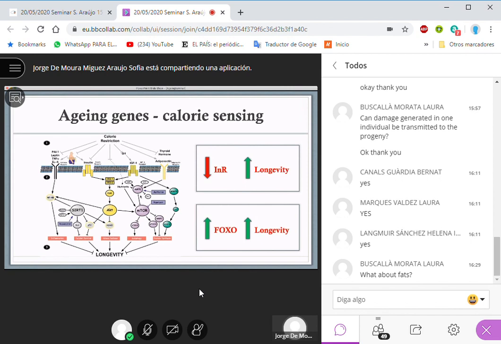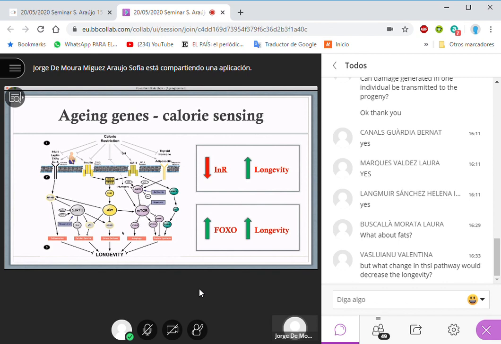Up to here, we know exactly what's happening. But what happens inside the nucleus is still being studied. There are many studies being done now to see what exactly FOXO is regulating, which then leads to longer lifespans. So it's not clear, FOXO is a transcription factor and is touching many different things.